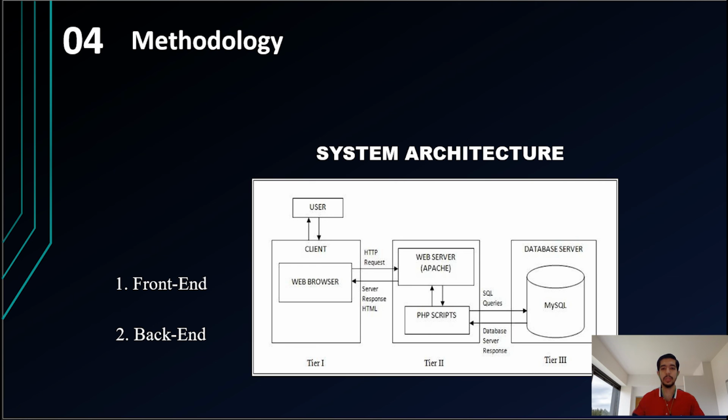The PHP script will use SQL queries to access the system database tables and send a dynamically generated HTML page back to the client browser that the user will see.